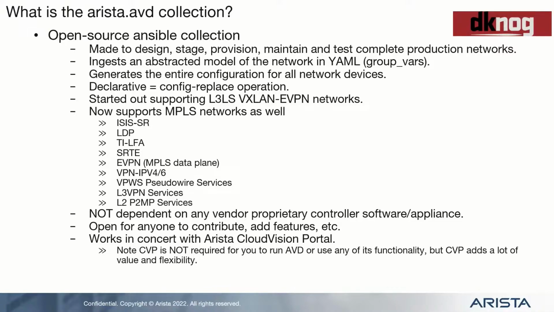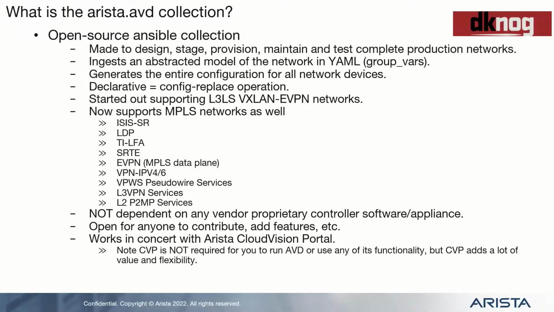It's built on an abstracted data model representation of the network that you store in your group variables as YAML. Then when you hit the playbook go, it generates the entire configuration for each device in the network. So all of the routers get their core links configured and everything, BGP and services and so on.